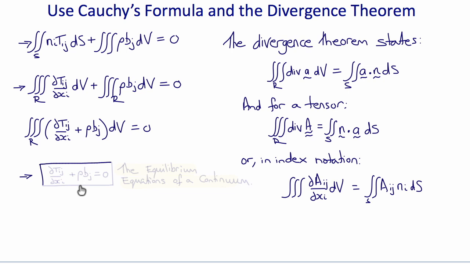And so we get that del Tij del xi plus rho Bj is equal to 0, or the divergence of the stress plus rho times the body force is equal to 0. So these are the equilibrium equations of a continuum.